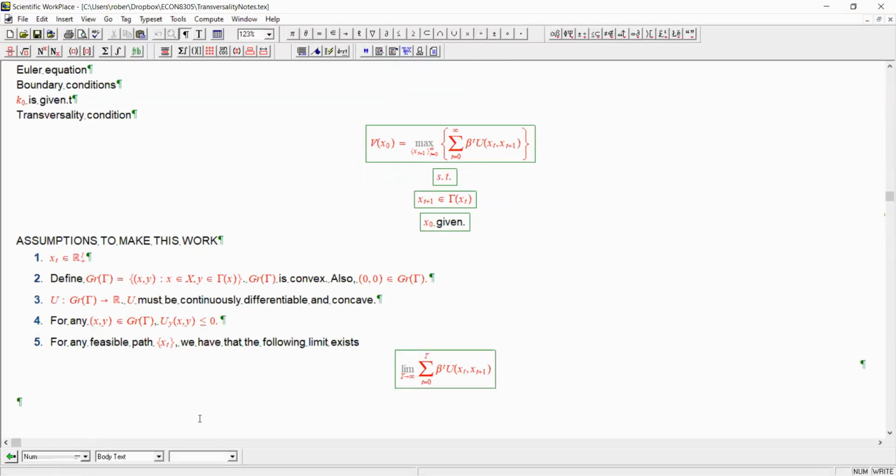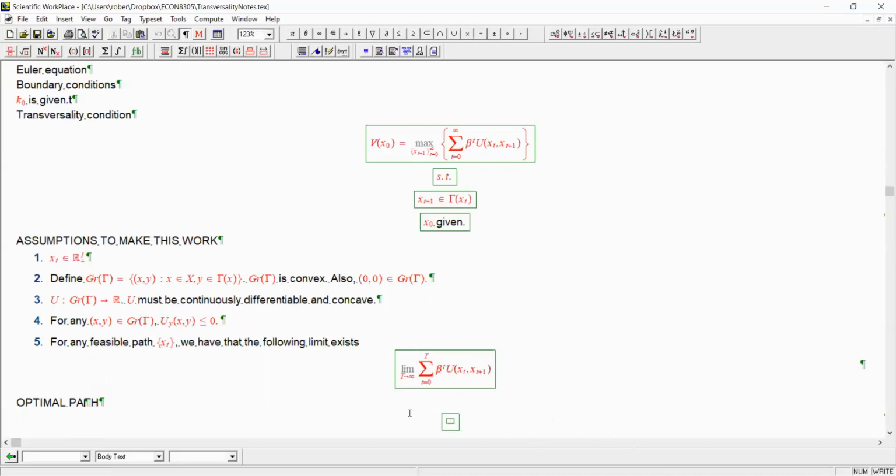Finally, here is the climax of this video. We're going to define an optimal path in an intuitive way.